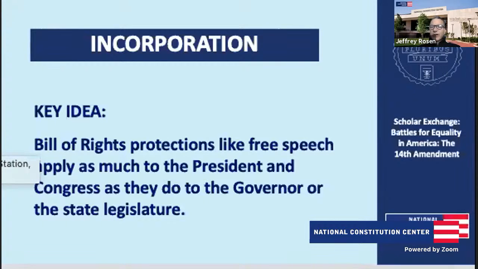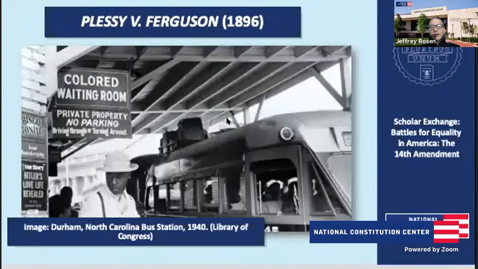Had Slaughterhouse come out the other way, then perhaps Plessy might have come out differently, because as Justice Harlan said in his dissenting opinion in Plessy versus Ferguson, the right of locomotion, the right to travel, the right to engage in the ordinary occupations of life and to go from one state to another using common carriage is itself a fundamental liberty or privilege or immunity of citizenship.